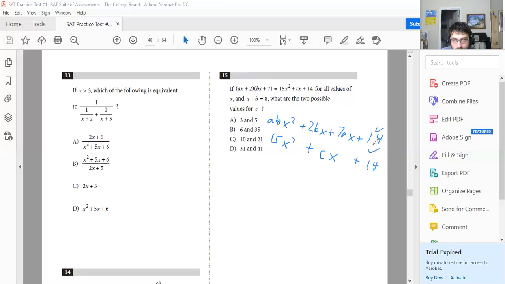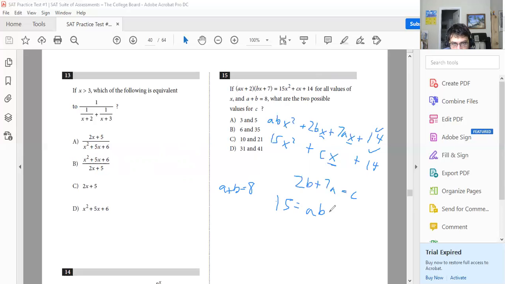14 equals 14, we're good there. If we combine the x terms, you'll have 2b plus 7a equals c. Those are x terms. And our x squared term means 15 has to equal ab. And we're also given in the problem a plus b equals 8.